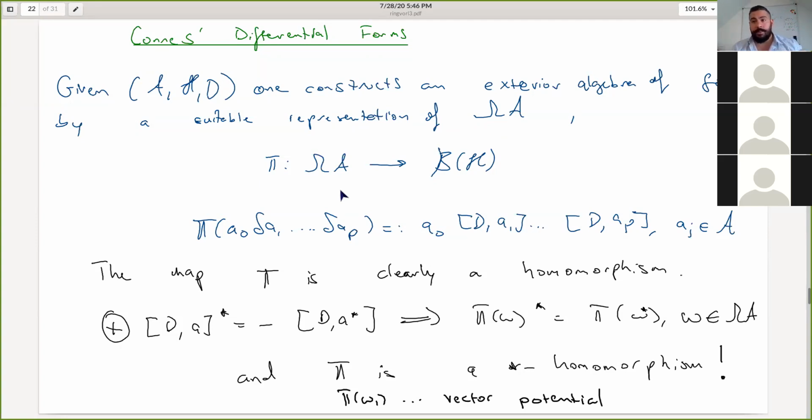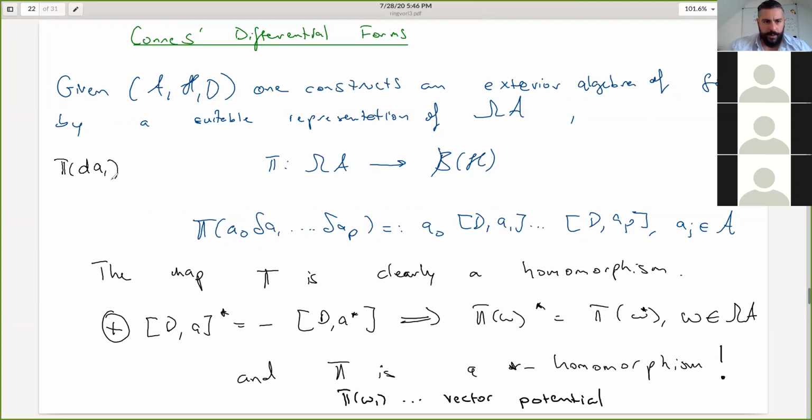Exactly the same has to happen here, and it is done as follows. The representation of a P form is given as pi of A0 delta A1 ... delta AP equal to A0, the commutator of D and A1, and so on, up to D and AP. This delta is the same as the D from before.